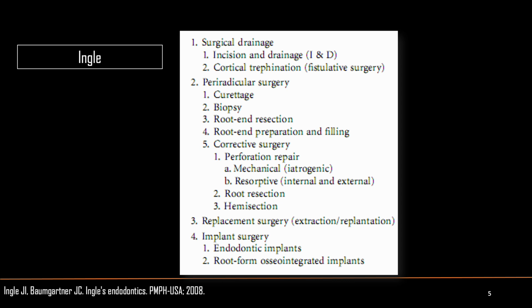Periradicular surgery will include curettage, biopsy, root end resection, root end preparation and filling. Corrective surgery includes perforation repair. Perforation can be mechanical in origin or resorptive, root resection and hemisection. Replacement surgery and implant surgery are other aspects of this classification.